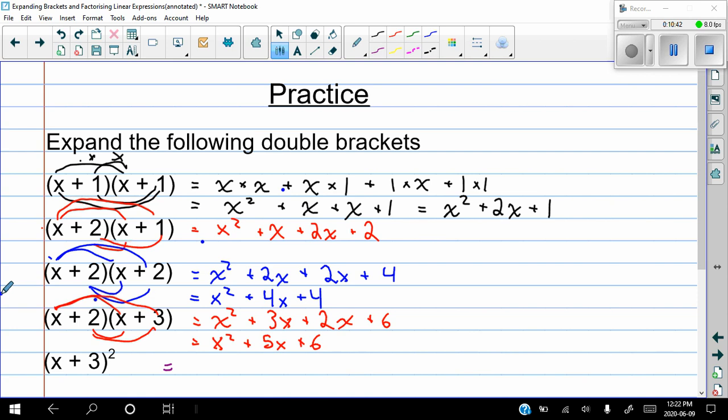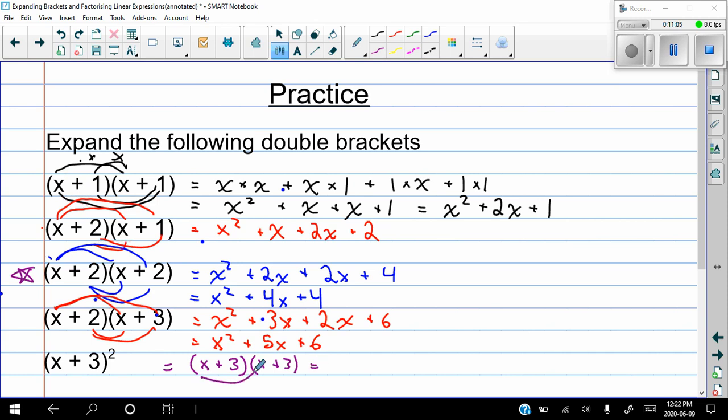So we're just going to write that base out. Well, our base is x plus 3, right? Because it's all in brackets. So therefore, we can write another x plus 3 beside it. Now this looks kind of like our third one here, where it's just a repetition. Kind of all deliberately too, I'm not going to lie.